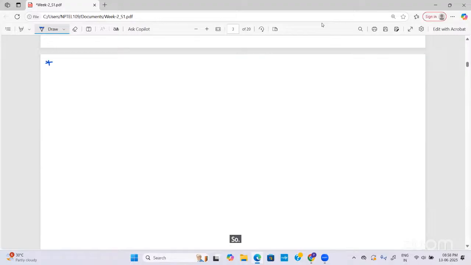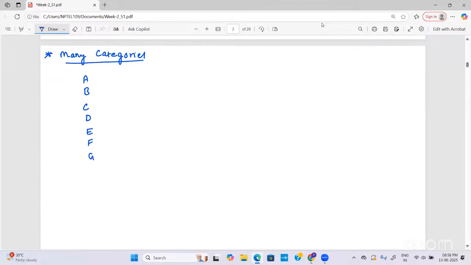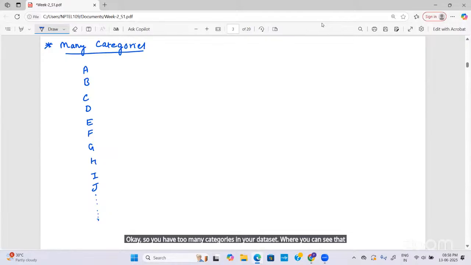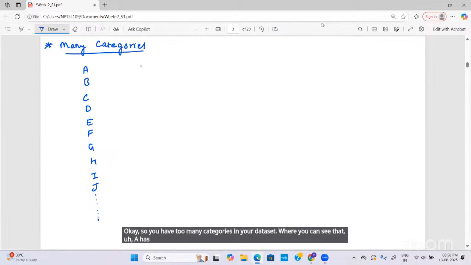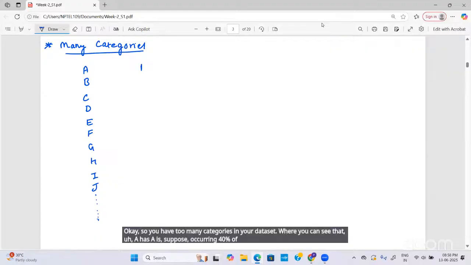Whenever you have so many categories in your data set, suppose you have a data set where you have A, B, C, D. I'm writing the frequency first.